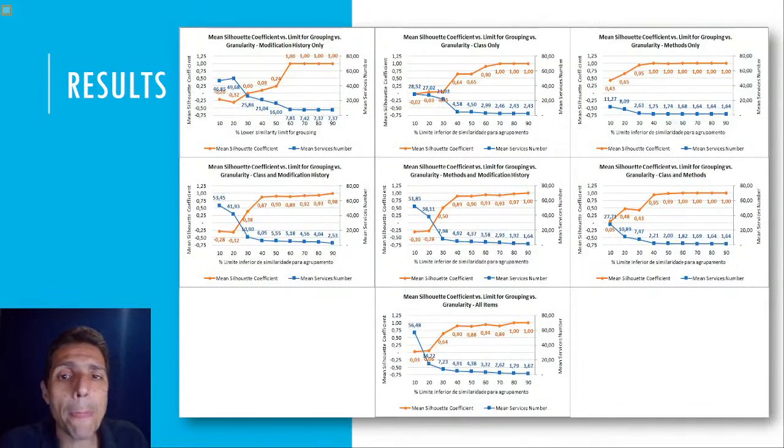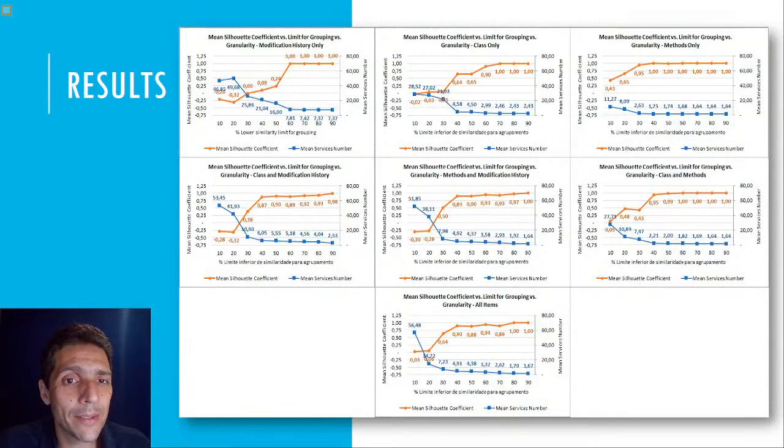It's very interesting to look at these graphs because we can find a lot of important results. For example, on the x-axis, the horizontal axis, you're going to see the similarity limit, or the threshold for grouping.